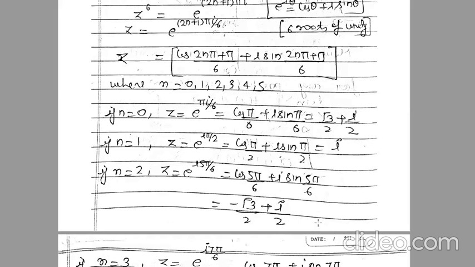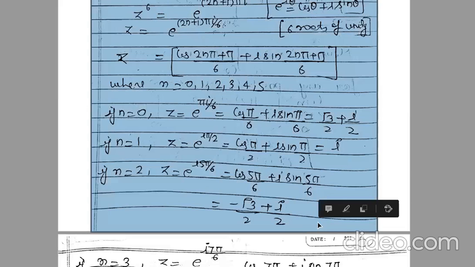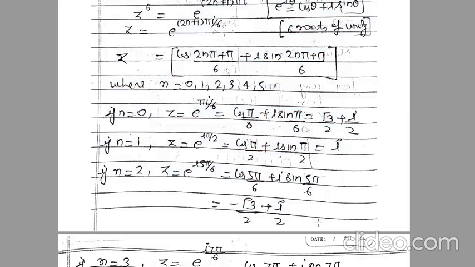If n is equal to 0, first one, n is equal to 0, so put n is equal to 0 here. So z is equal to e to the power (2 times 0 plus 1) pi I upon 6. Then you will get z is equal to e to the power pi I upon 6.